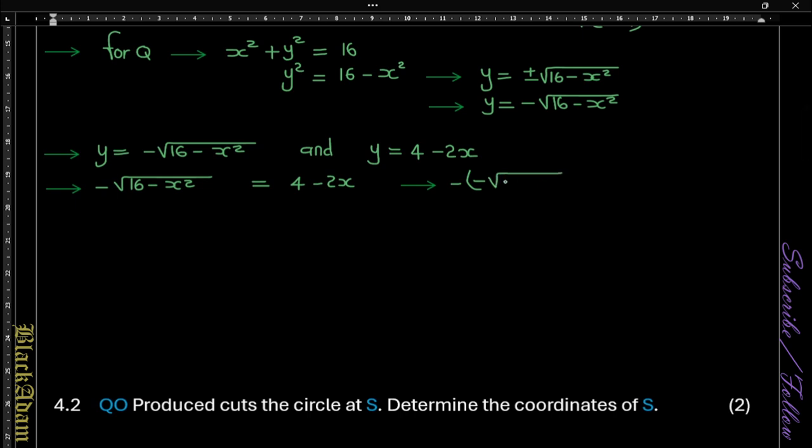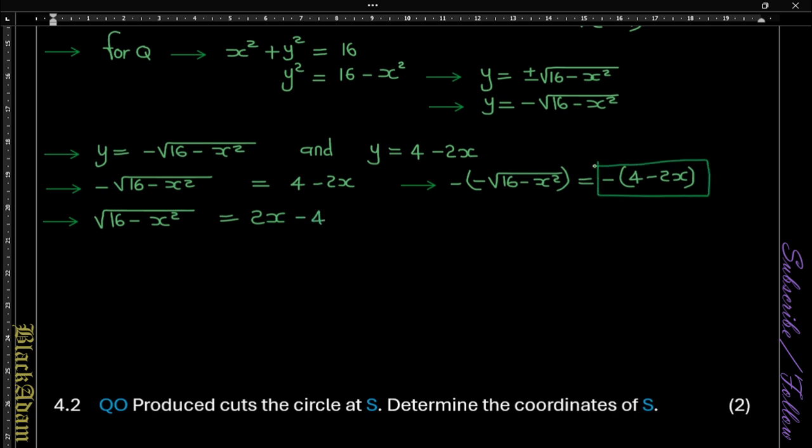Negative root 16 minus x squared is equal to 4 minus 2x. We multiply by negative on both sides, so that gives us positive root 16 minus x squared is equal to positive 2x minus 4. Remember the signs change on that equation. Okay, and now we're going to square both sides.